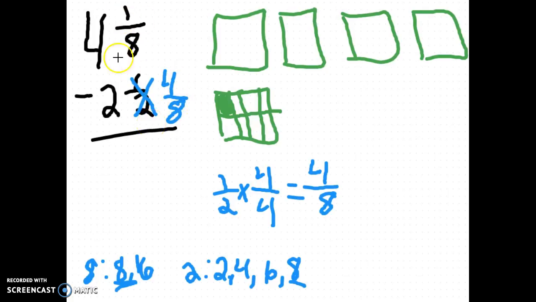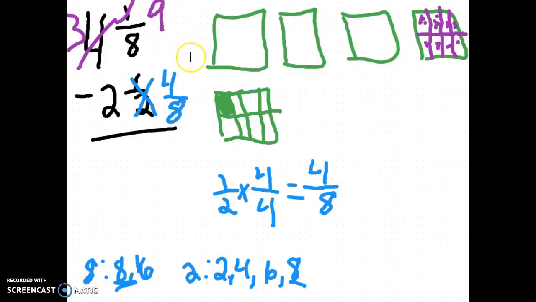Well, I still only have 1/8, so I can't take 4 away. So what I'm going to do is I'm going to come over to my whole, and I'm going to make it in eighths as well. So now, instead of having 4 whole, I have 3 whole. I have 1, 2, 3, 4, 5, 6, 7, 8, 9 eighths.